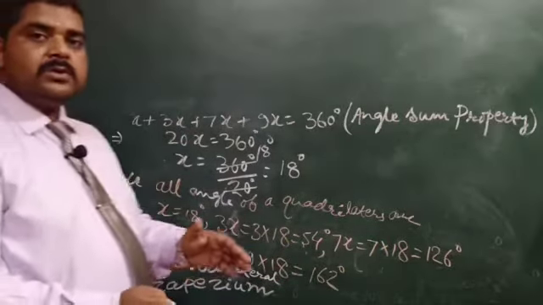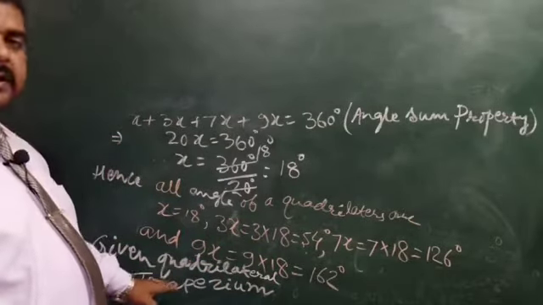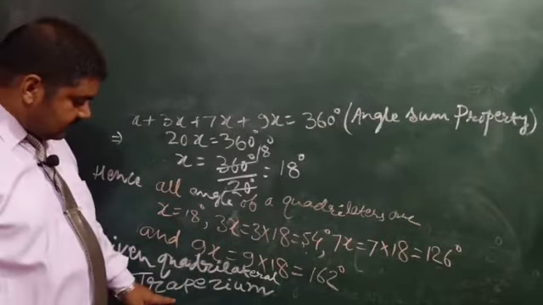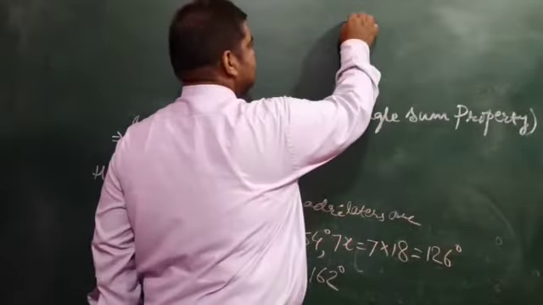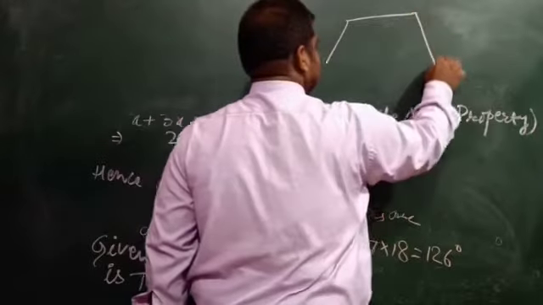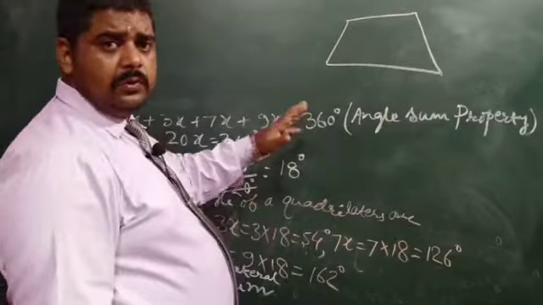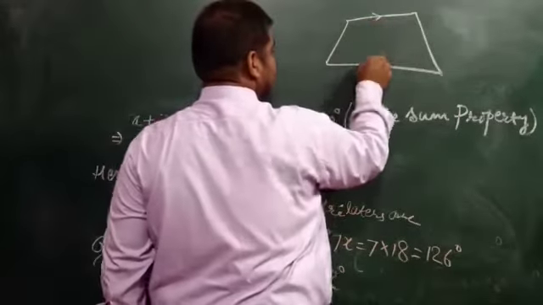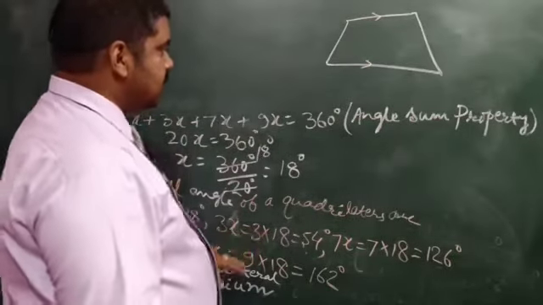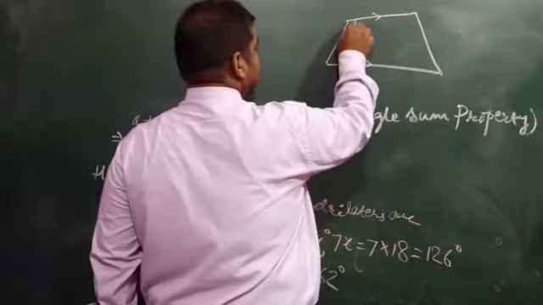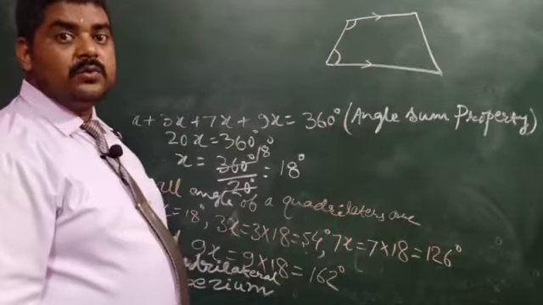The second part of this question was: what is the given quadrilateral? The given quadrilateral is actually a trapezium. And why is it a trapezium, you can just check. I will explain with the help of a trapezium. You know that in a trapezium one pair of opposite sides is parallel, and you can see the angles that you have found. The sum of co-interior angles is equal to 180 degree.